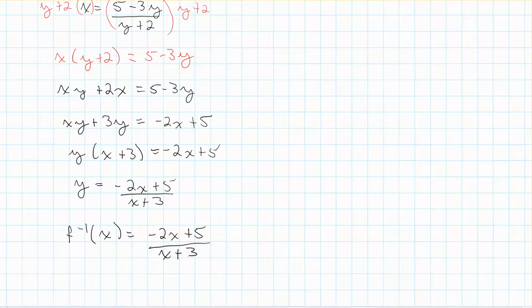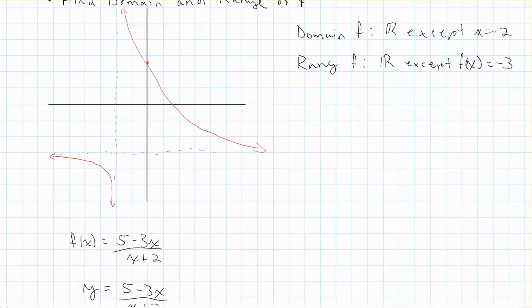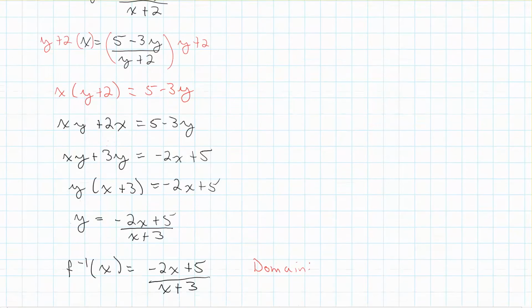Now we could verify that that's the inverse, but we're not going to take the time to do that. What we are going to do is look at the domain and range here. I'm not even going to have to do any work. If I scroll back up here, the domain of f was all real numbers except x equals 2, and the range of f was all real numbers except f of x equals negative 3.